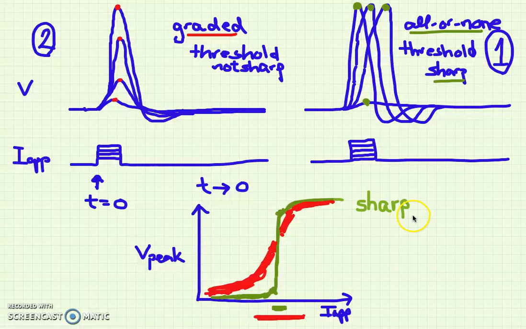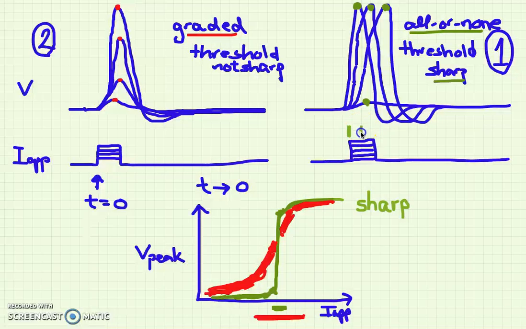Notice also that it's in the type 1 response, the all or none response, where different latencies for the peak of the action potential are observed. The latency is referring to the time between the initiation of the stimulus and the peak of the action potential.